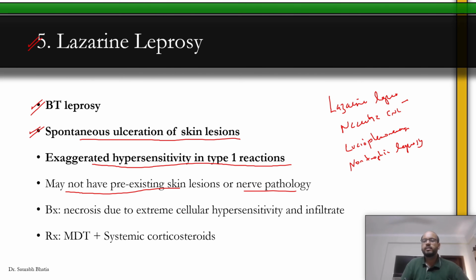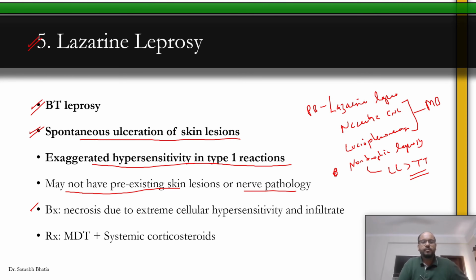So these two are the lepromatous pole, while this is towards the tuberculoid pole, and non-trophic ulcer occurs more in the lepromatous pole as compared to the tuberculoid pole.